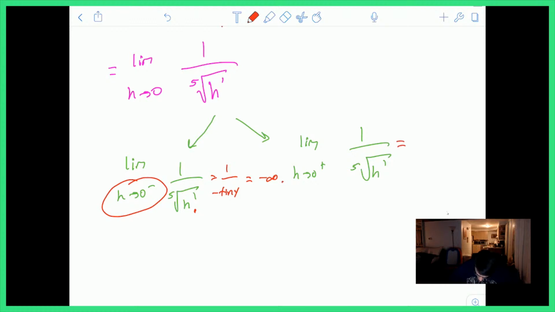And over here, I'm going to plug in a real tiny positive, raised to the 1st power, still positive, 5th root, still positive, but now it's even tinier. And 1 divided by a tiny positive number is going to be a really big positive number, okay? This is evidence of a cusp at x equals 0, because the limit from the left and the limit from the right are going to opposing infinities, okay?